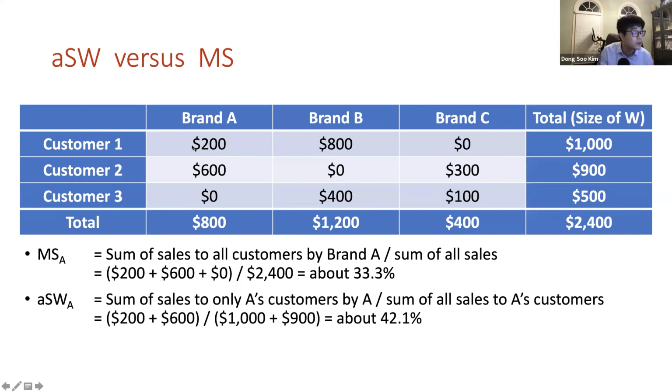This equals 200 plus 600 divided by the size of wallet of customer 1, 1000, plus the size of wallet of customer 2, 900, which is about 42.1%. Because the customers who never purchased the brand are excluded in the calculation of share of wallet for the brand, the aggregate share of wallet is entirely different from market share.